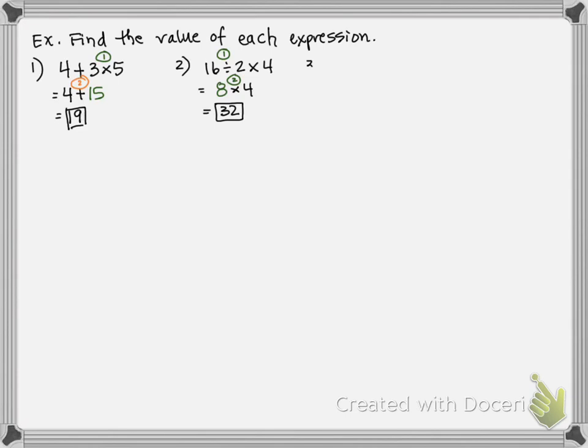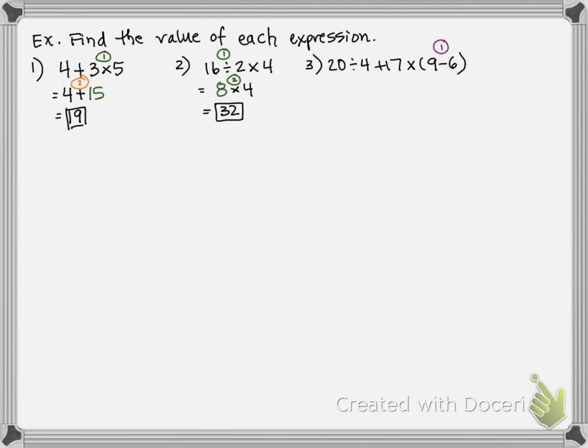All right, now we're going to get a little bit bigger. 20 divided by 4 plus 17 times the quantity. You're like, wait, stop, that's too much. The quantity 9 minus 6. All right, so here we go. Do I have any grouping symbols? Oh, yes, I do, right here.